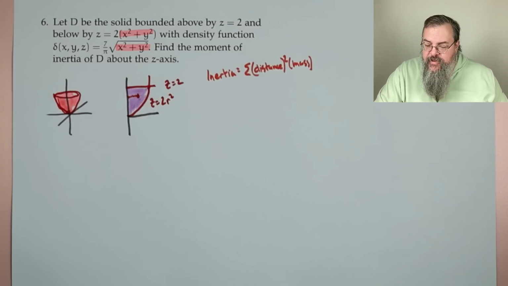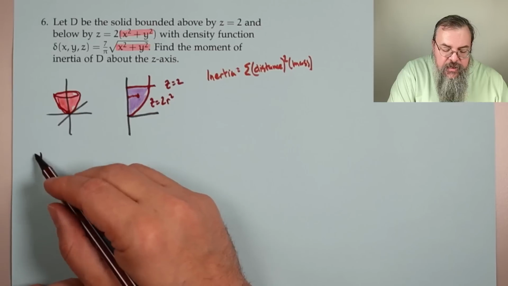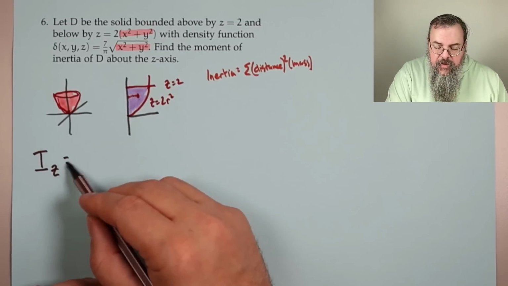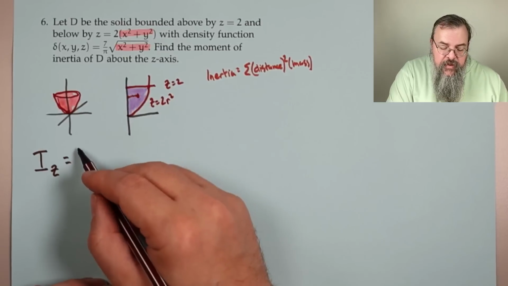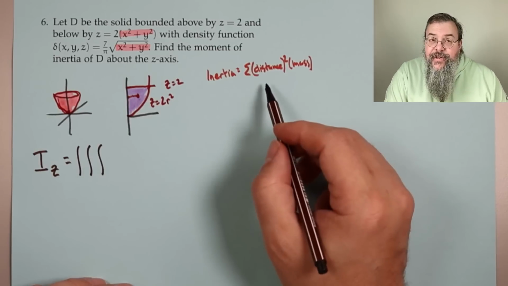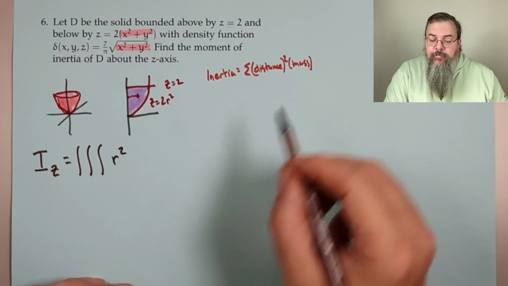Now, let's put this together. So what do we have? We have our inertia. We'll put a z for z-axis. We're adding up, so it's a three-dimensional solid, triple integral. Distance squared, r squared, times mass.